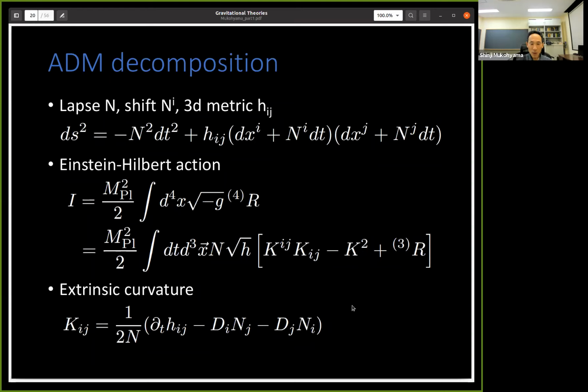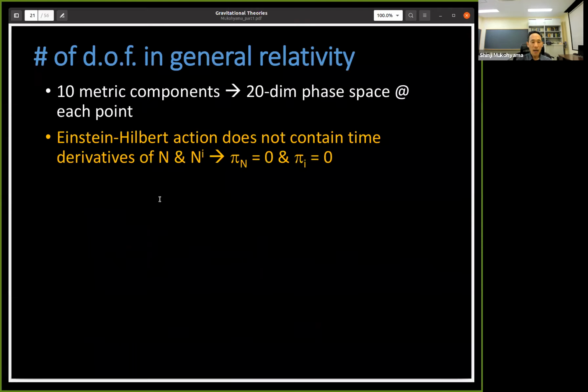But we don't have a lapse function dot, Ṅ, or Ṅ_i. We have a spatial derivative of these, but we don't have a time derivative of them, meaning that the momenta conjugate to lapse and shift are identically zero.